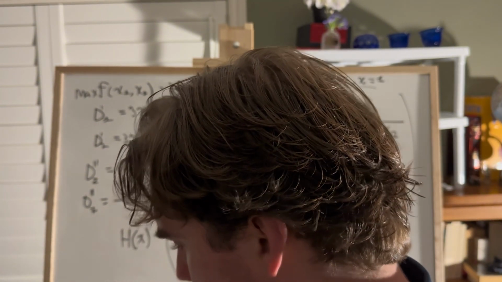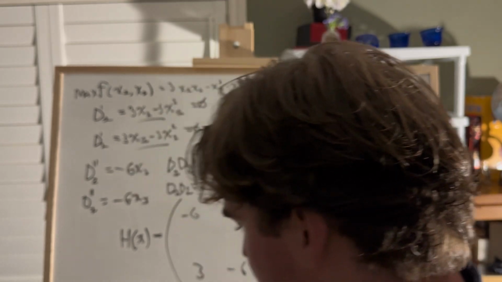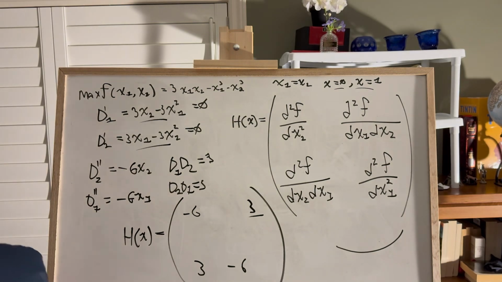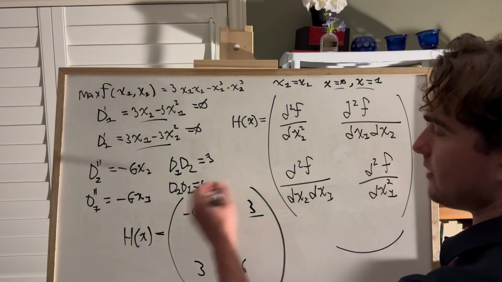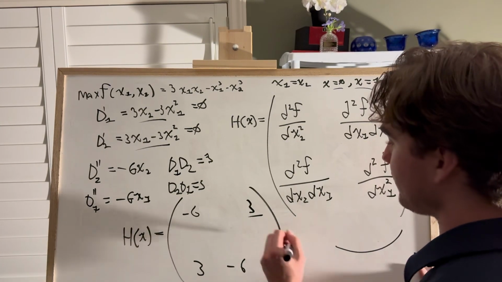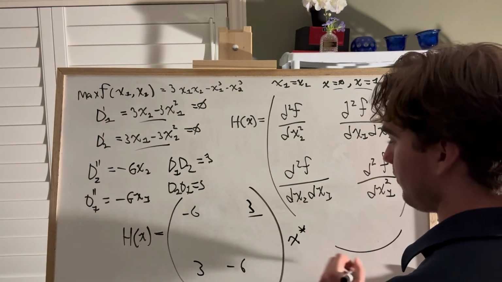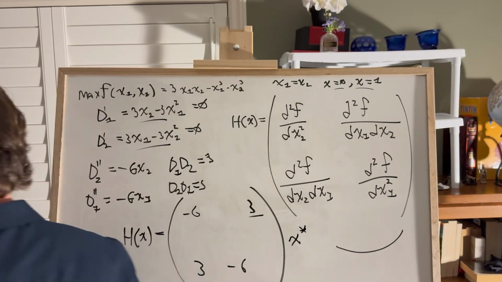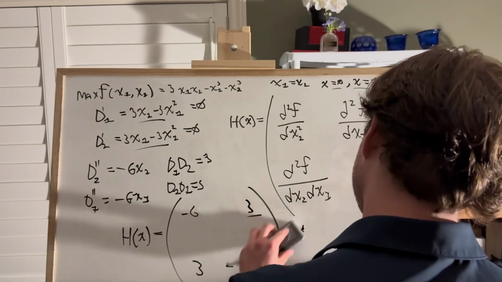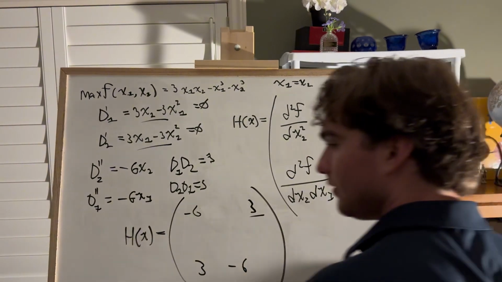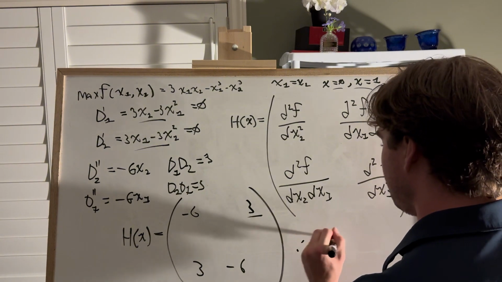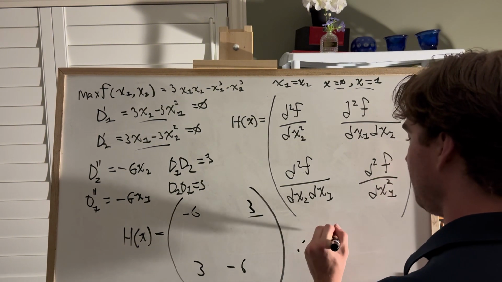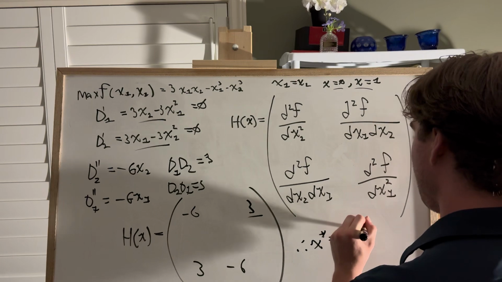Okay. So anyways, my solution looks just like my solution from earlier, so we're not really that surprised, are we? So this is definite. We know this is a real solution, so therefore, x star is equal to 1, 1.